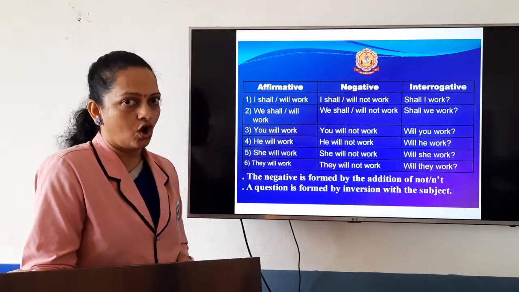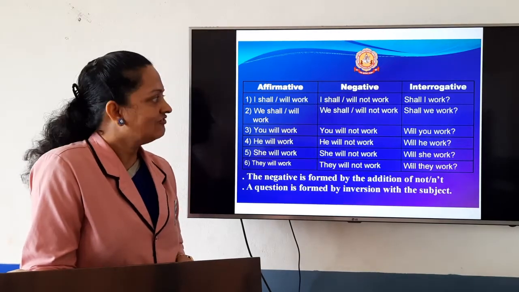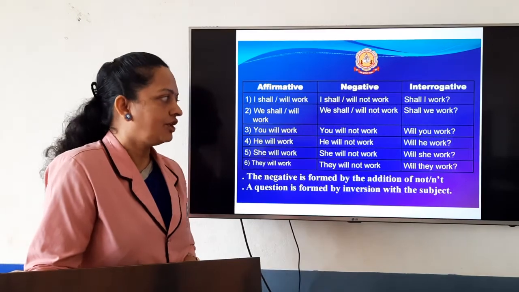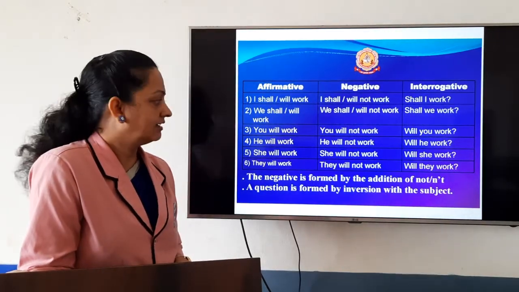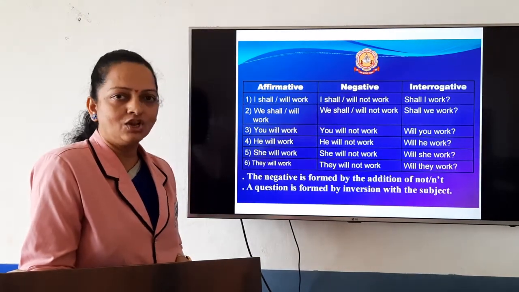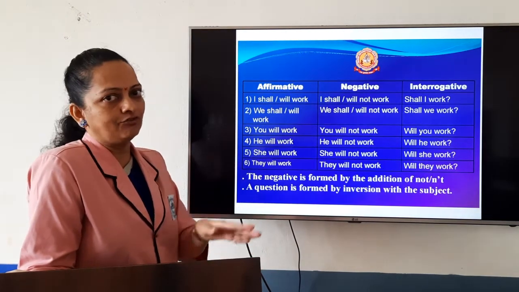I will not work. We shall not work. We will not work. You will not work. He will not work. She will not work. They will not work. If you see, the modal auxiliary verb is given and after that we have used not, which forms negative sentences.